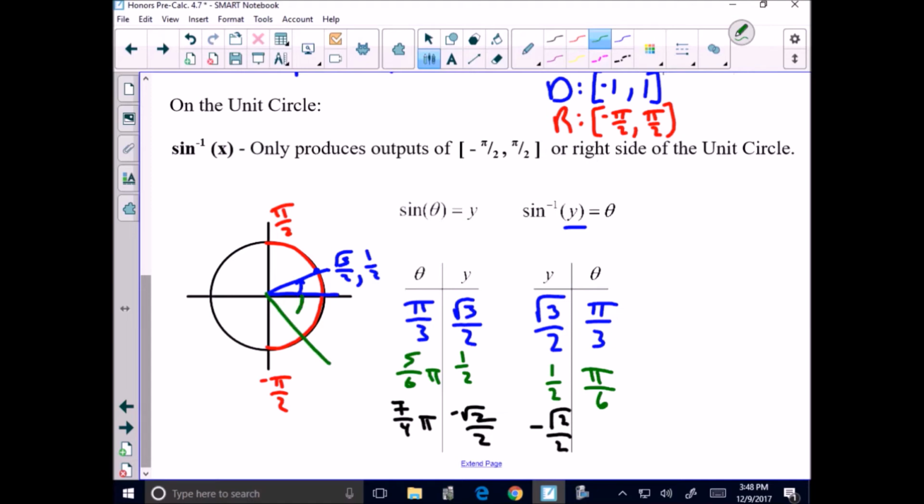And that least amount of rotation is a rotation into the fourth quadrant, where of course we have the ordered pair square root of 2 over 2 for the x and negative square root of 2 over 2 for the y. That amount of rotation as a rotation down into the fourth quadrant is negative pi over 4. So not 7/4 pi, but negative pi over 4. So that's how we're going to evaluate inverse sine.